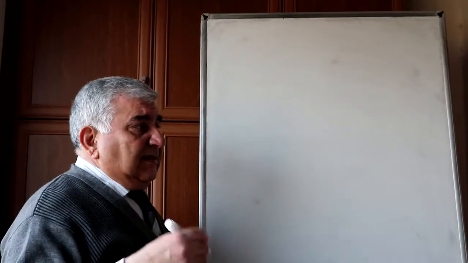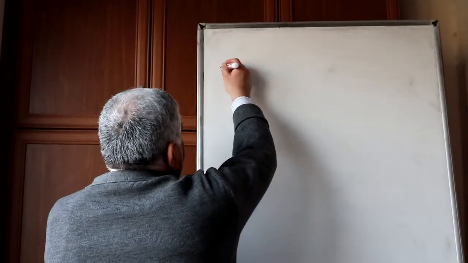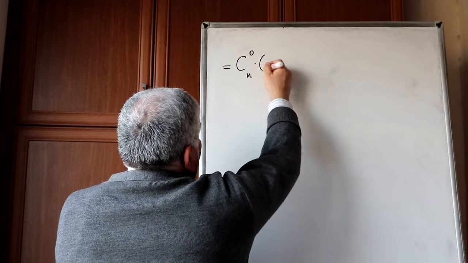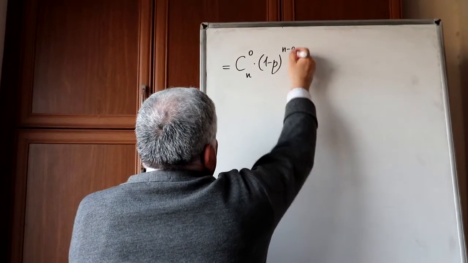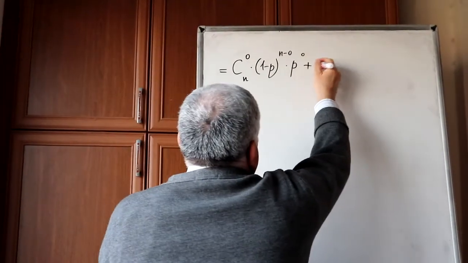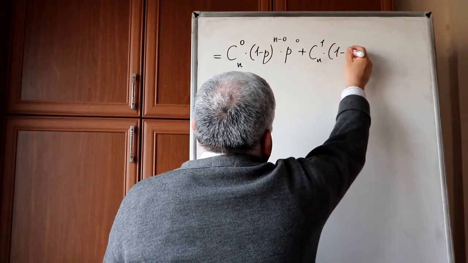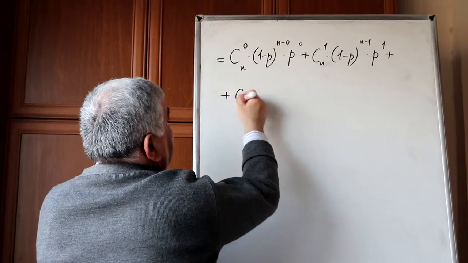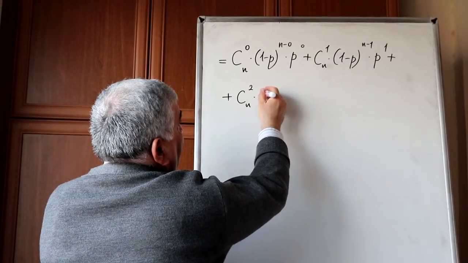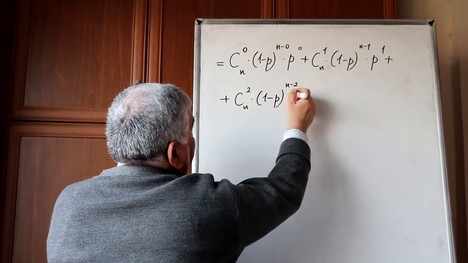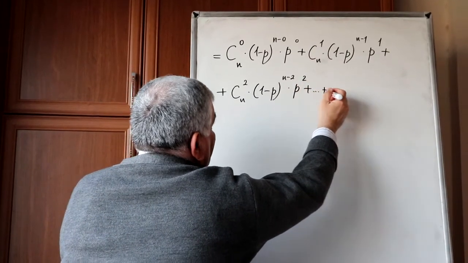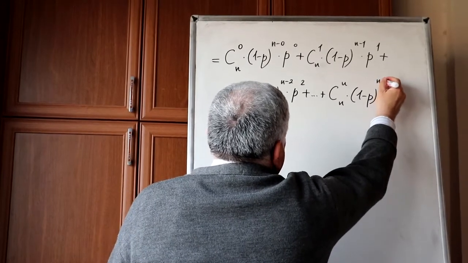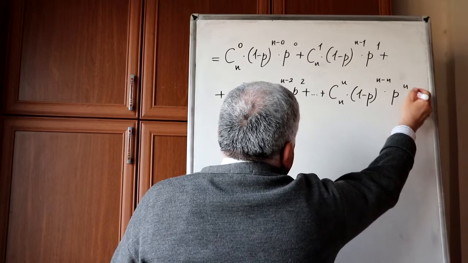Then rewrite the last expression in the following form: equals C of 0 out of n multiplied by 1 minus p to n minus 0 multiplied by p to 0, plus C of 1 out of n multiplied by 1 minus p to n minus 1 multiplied by p to 1, plus, continue, plus C of 2 out of n multiplied by 1 minus p to n minus 2 multiplied by p squared plus etc., plus finally C of n out of n multiplied by 1 minus p to n minus n multiplied by p to n, equals.